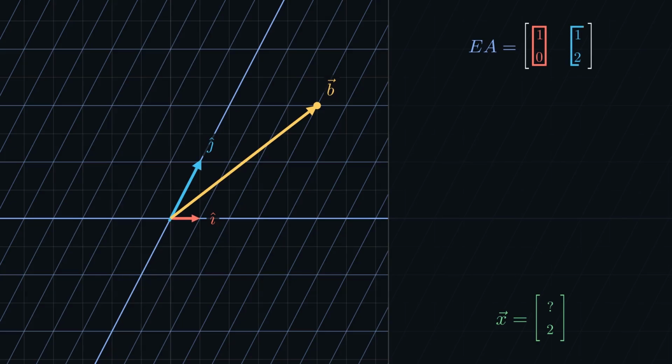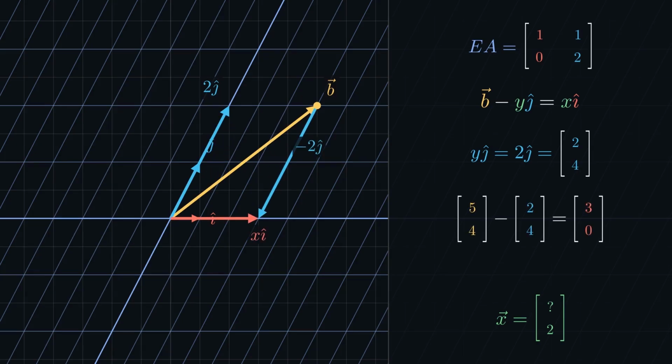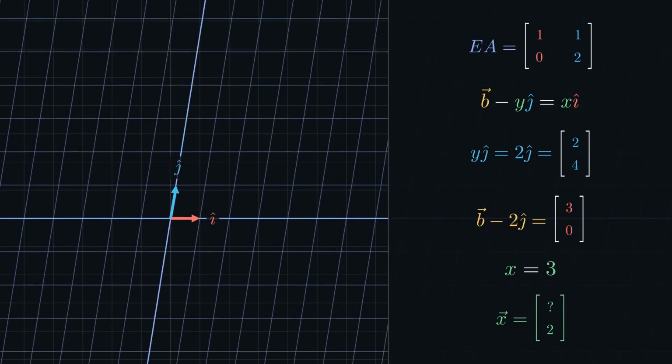Subtract the vector j-cap scaled by y from b, and wherever you land, that is the value of x, the scalar x, multiplied by i-cap. We know where we're landing. We know what i-cap is. We can simply find the scalar x by looking at how many i-caps fit into that space. In this case, it's 3, so the value of x is 3.